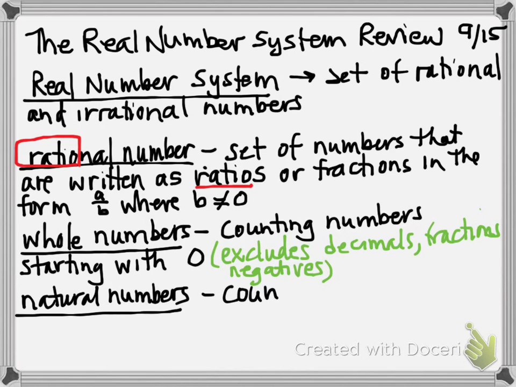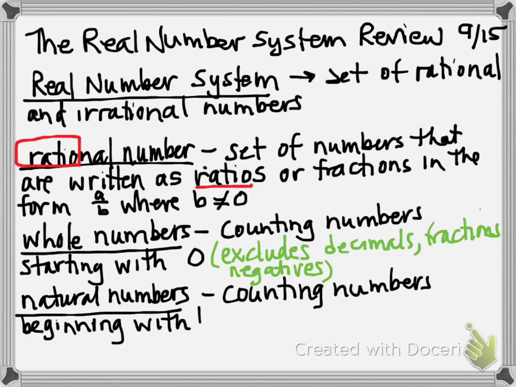We'll do a really lame definition: counting numbers beginning with 1. Now, natural numbers make sense to call them natural because when we naturally begin to count off, we naturally start at 1. You never say, okay, start counting off, and you go 0, 1, 2, 3. You naturally start with 1.